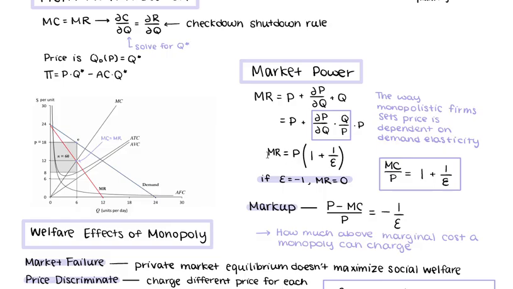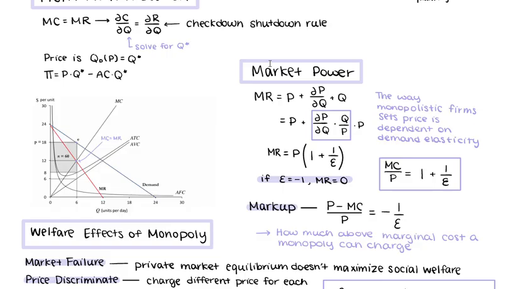Then we get that the marginal revenue is price times 1 plus the inverse of demand elasticity. So the way monopolistic firms set price depends on the demand elasticity. It's a very important conclusion.